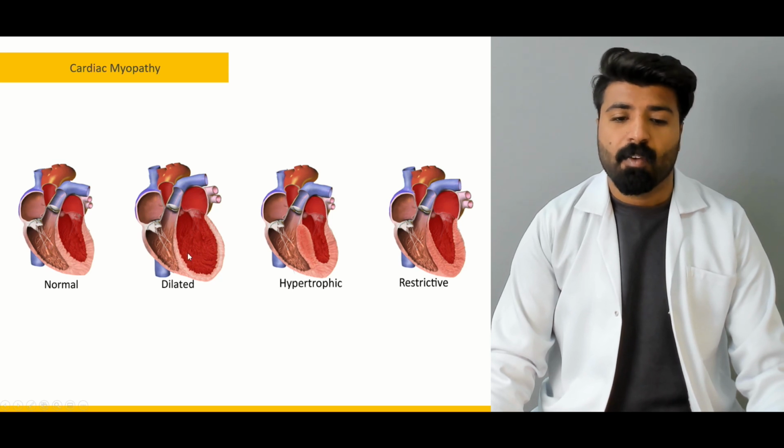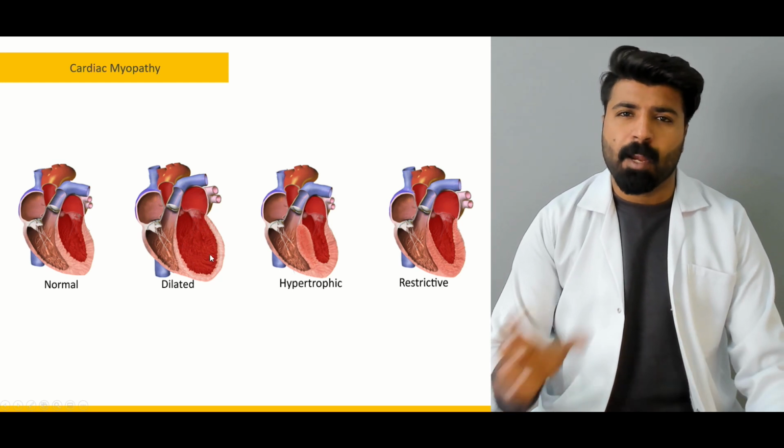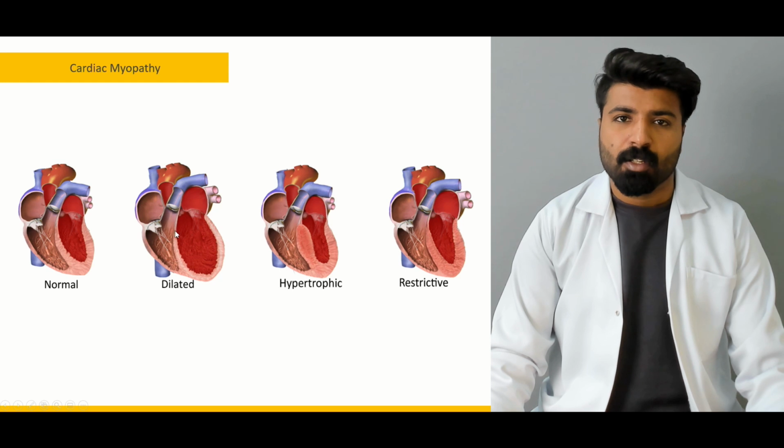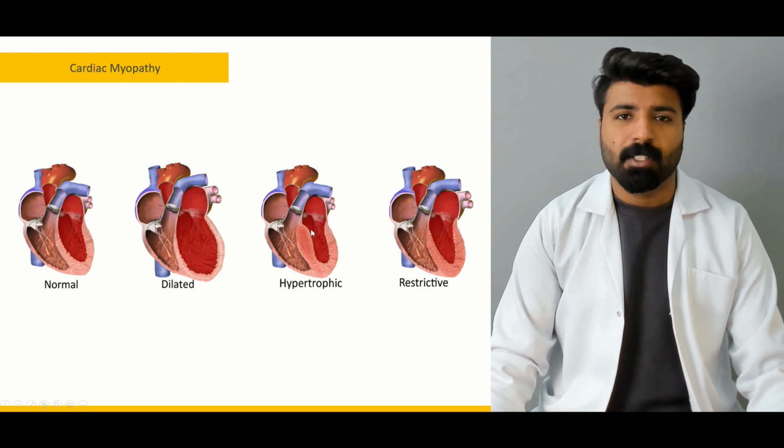Normal heart, what will happen in dilated cardiomyopathy? The left ventricle will dilate. It won't be able to contract properly. But the walls, look at the walls. Walls are thin. Right ventricle has decreased in size. Next on to hypertrophic. The right ventricle is same in size, but the interventricular wall and the free wall of the left ventricle have increased in size.